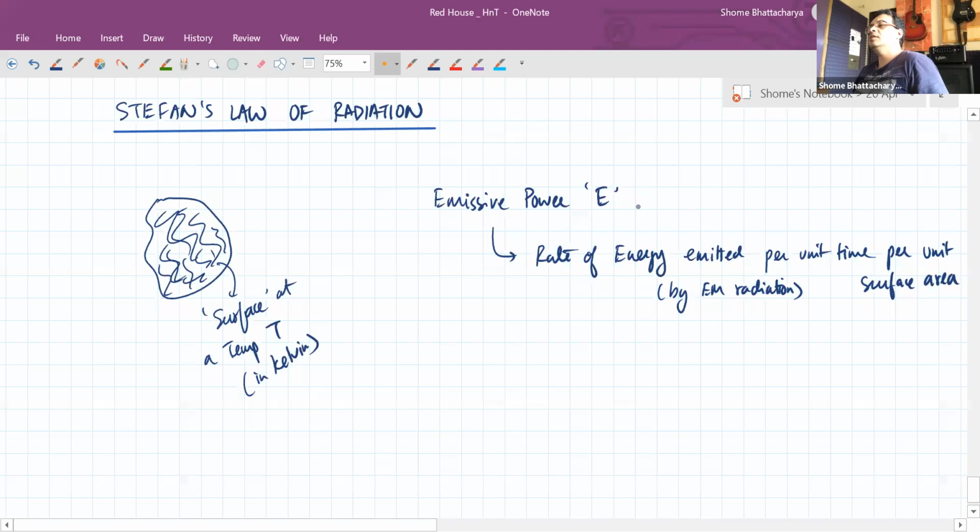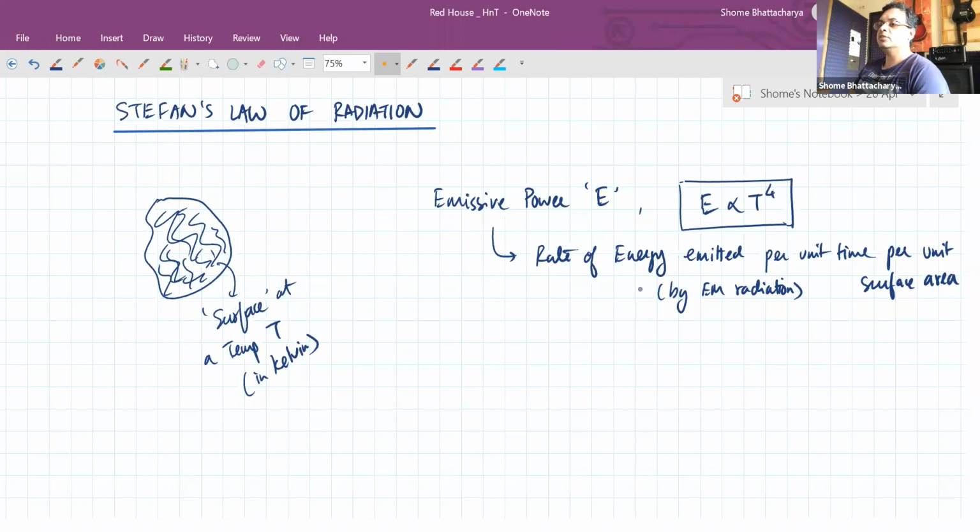Okay, that emissive power is proportional to the absolute temperature to the power 4. So this is the logical part of Stefan's law statement. I mean the conceptual part, that emissive power, how it depends on the surface temperature. It depends on the absolute temperature of the surface raised to the power 4.